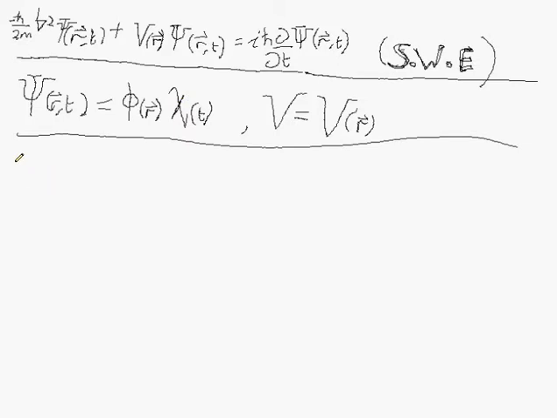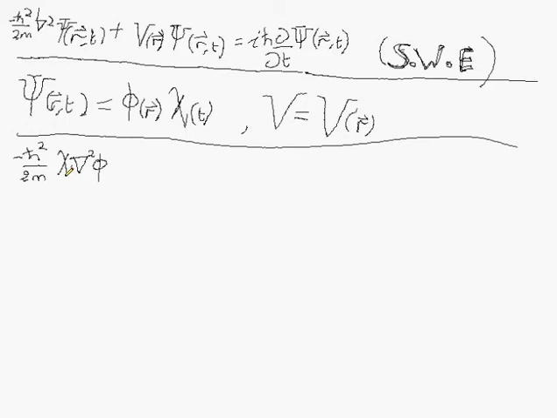So what we get if we do that, tablet acting up, is minus h bar, that should be h bar squared, over 2m, multiplied by chi by the Laplacian, so del squared of phi.